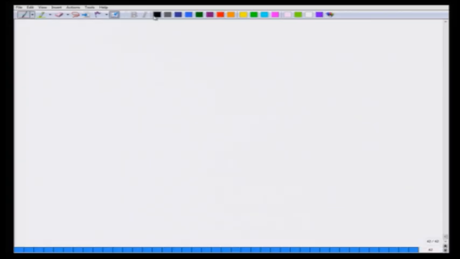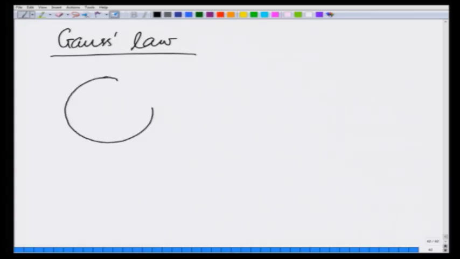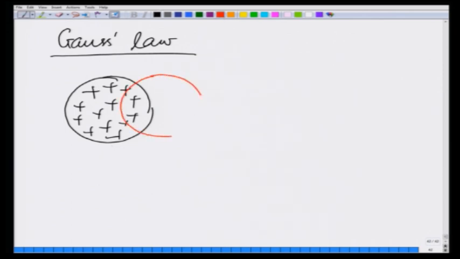Next example I want to take will use Gauss's law. And in this, I want to take a positively charged sphere, superimpose it on a negatively charged sphere, and calculate the field due to the superposition of these two in this region where they overlap.